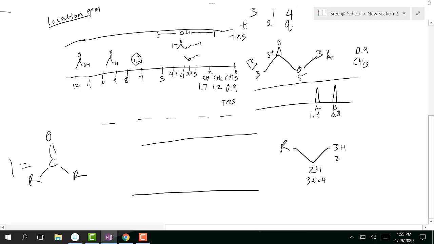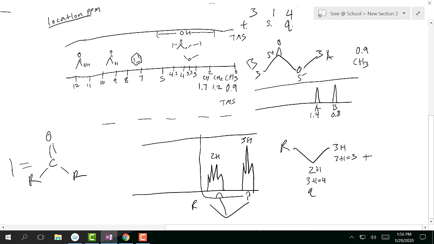The CH2 is going to be more deshielded, so you're always going to have a quartet here and a triplet right here. This is your 3H and this is your 2H. So this goes over there and that goes over here. Now if you see this in your NMR graph, just automatically think it's some type of ethyl in my compound. Okay?